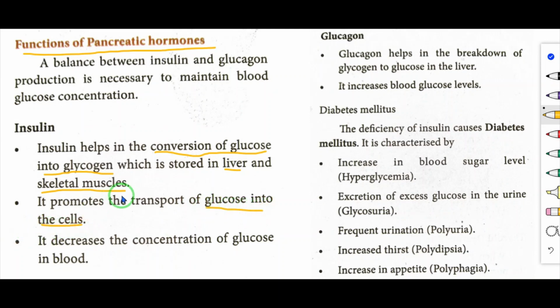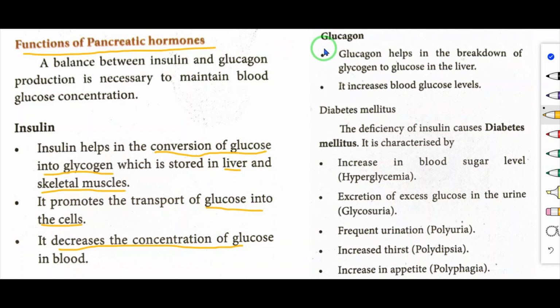Third, it decreases the concentration of glucose in blood. So these are the 3 functions.